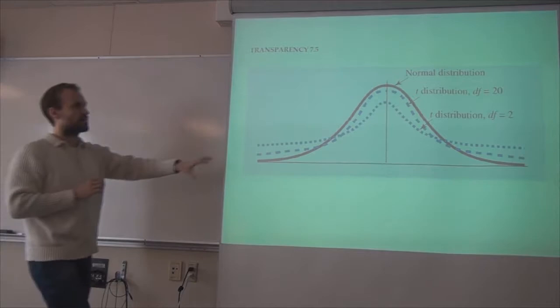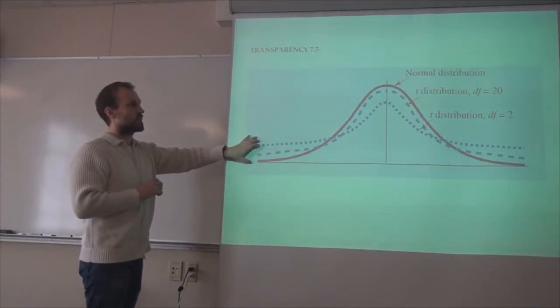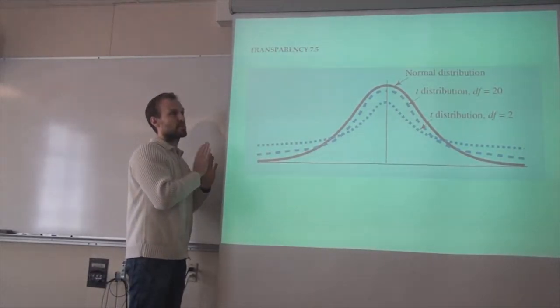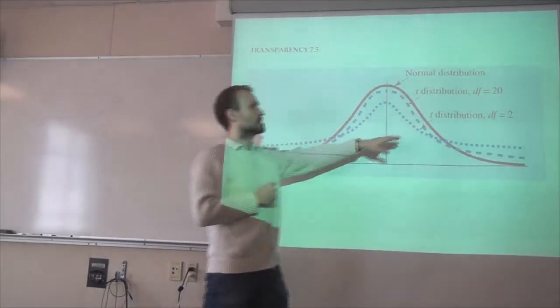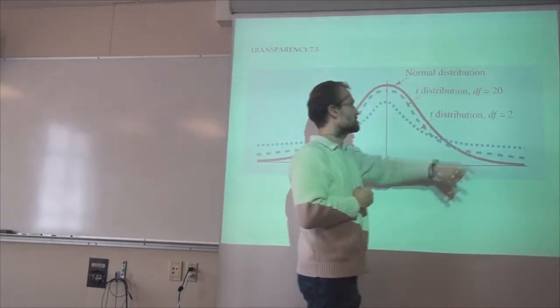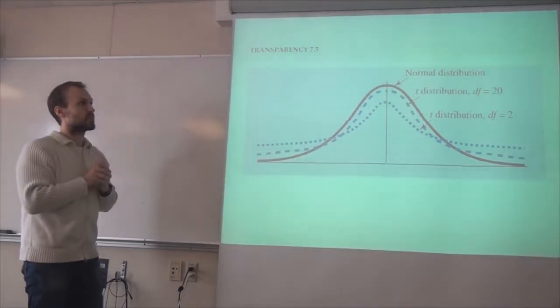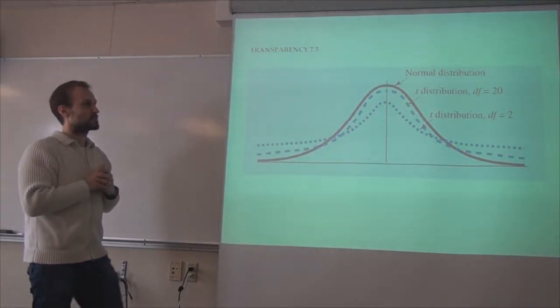So I want to have a bigger tail here, so that in my hypothesis test, I'm going to have to be more extreme before I make a decision. Bigger tail for a small sample size. Sample size minus 1 is the degrees of freedom. So for a very small sample size, I have a nice big tail to sort of compensate for the possible mistake I could have made by estimating the variance.